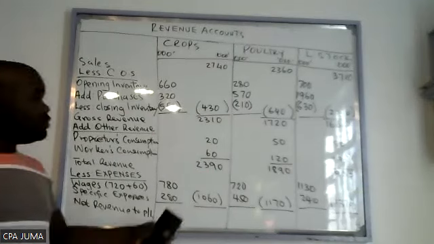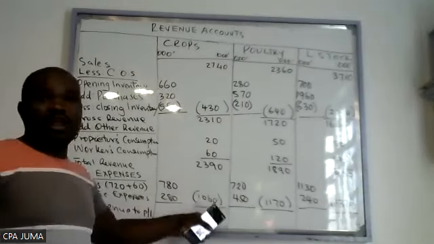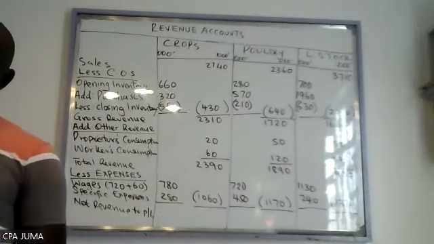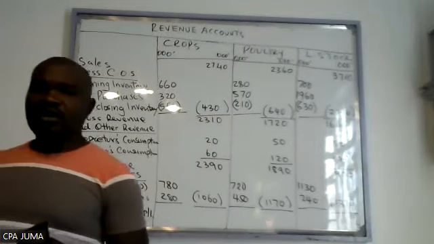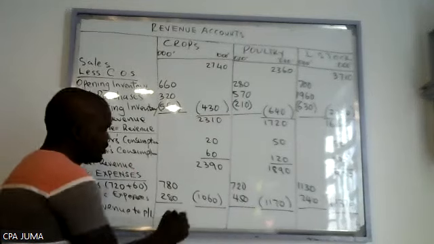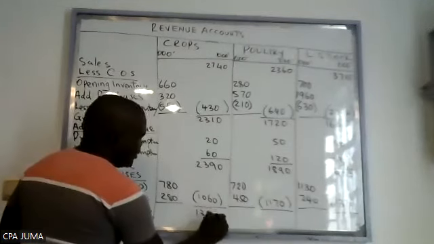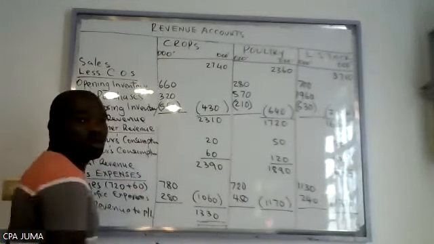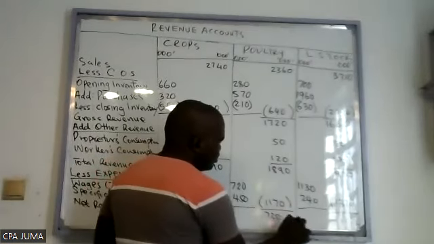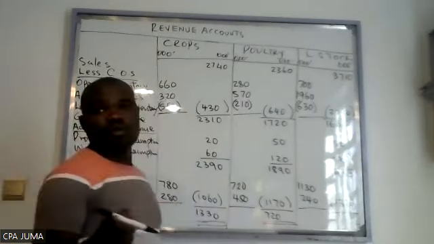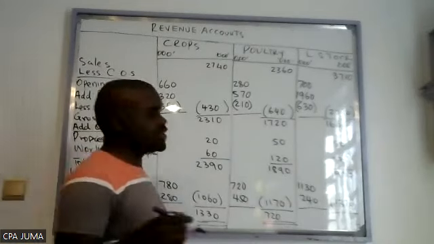So net revenue will be the total revenue minus the expenses. Give me those three again. Brian, 1330. 1330. 720. Then 560.